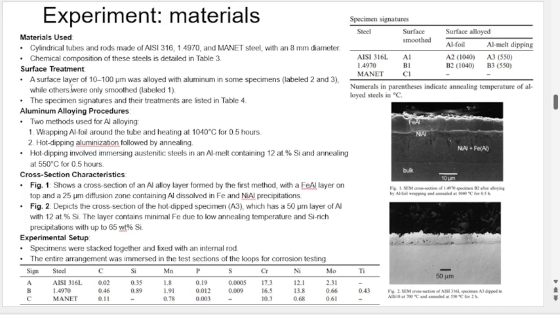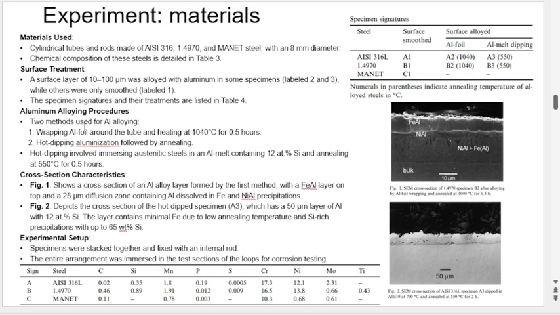As for the surface treatment, the surface layer of 10 to 100 micrometers was alloyed with aluminum in some specimens. As we can see here, the surface alloying was conducted on materials A1 and B1, the 1.4970 materials. There are two methods, aluminum foil or aluminum melt dipping.